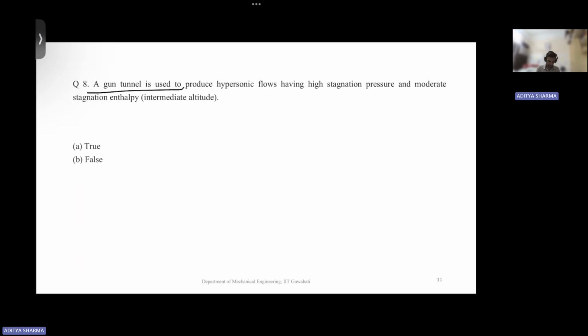A gun tunnel is used to produce hypersonic flows having high stagnation pressure and moderate stagnation enthalpy for intermediate altitudes.